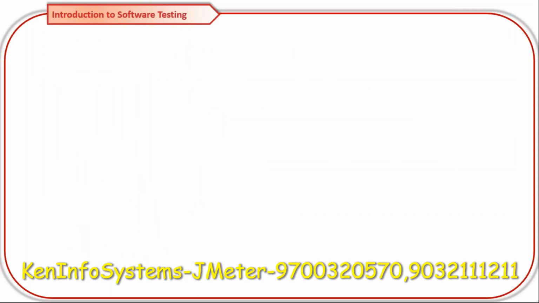So most of us use software applications in our day-to-day life. For example, if you go to bank, we'll be withdrawing money, transferring money, or depositing money, or applying for a loan. For everything, indirectly, we are using a software application. If you go to a supermarket, the billing counter is nothing but a software application.